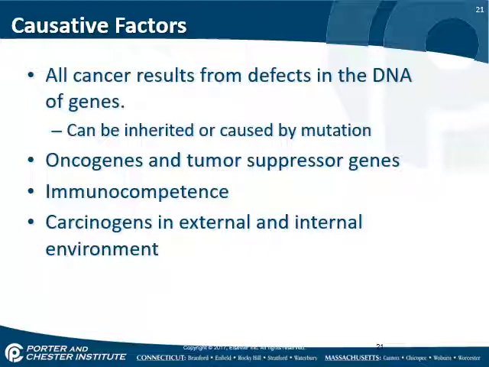And then we talk about immunocompetence, which is just referring to how well the immune system works. And then the other causative factors are carcinogens in the internal and external environment, which again we're going to go through in the next couple pages.